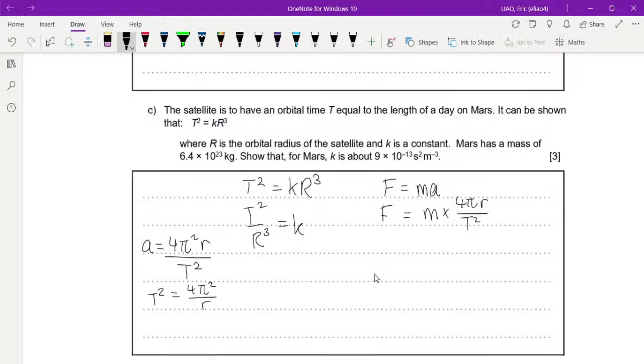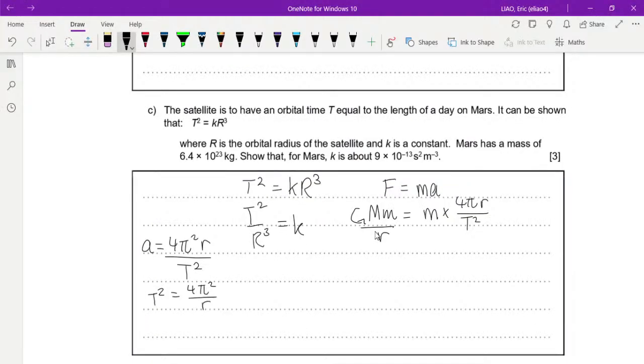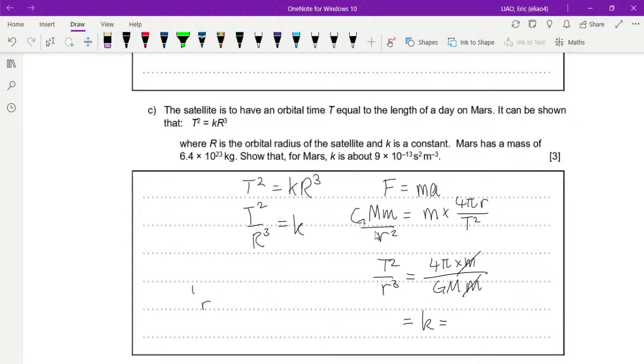And this is also equal to G M over r squared. So we're going to move times this cubed is equal to 4 pi times m divided by GM over m. This allows the masses to cancel out, thus giving us k to be equal to this. What an elegant solution, if I do say so myself.